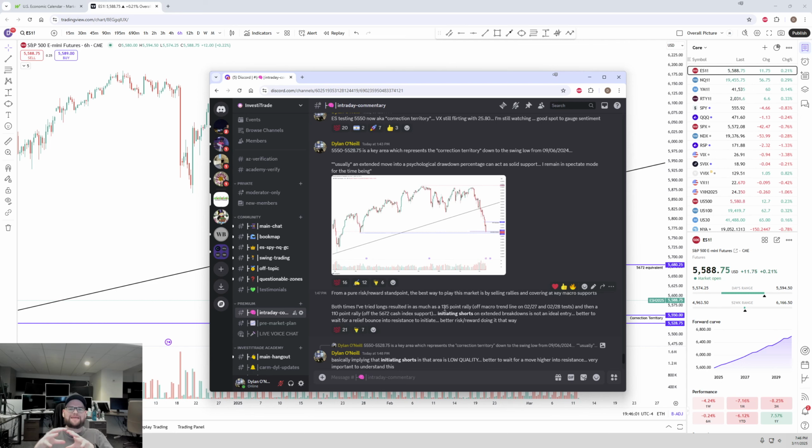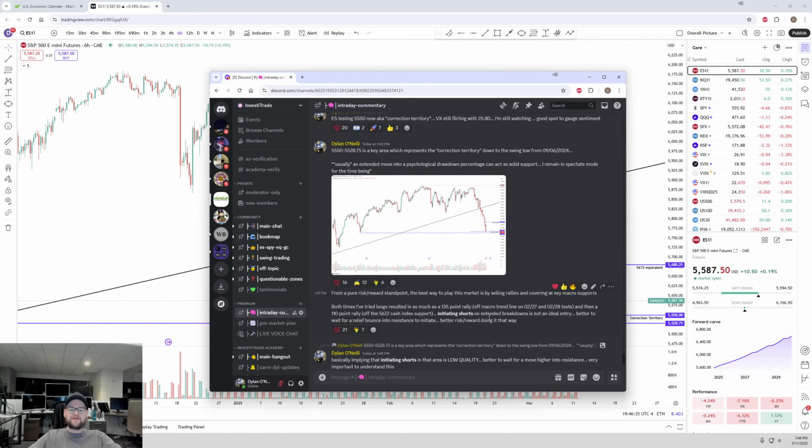No, I am picking out key areas that I know have proven to be very, very highly influential. And I am speculating that going forward, an extended move into those areas will produce a move off of them, okay? So these aren't some random levels that I'm just picking out of a hat, okay? These are predetermined areas based on my technical strategy.